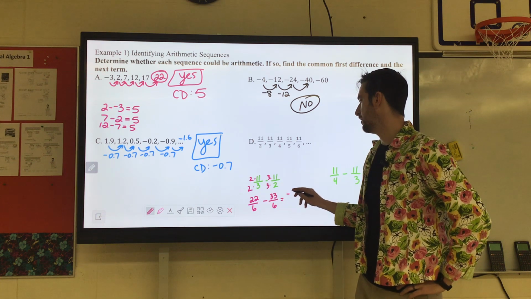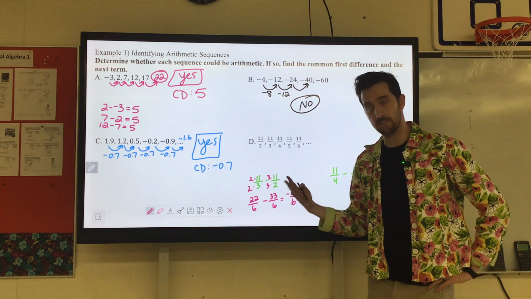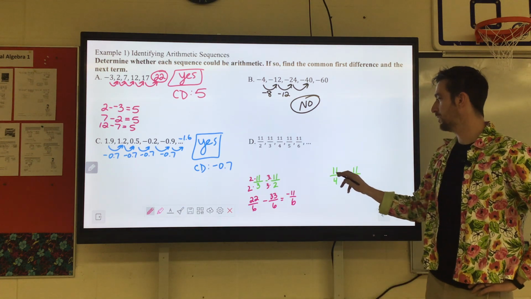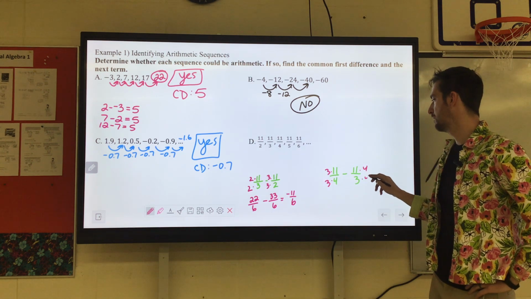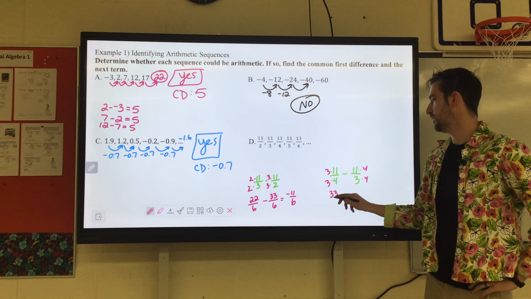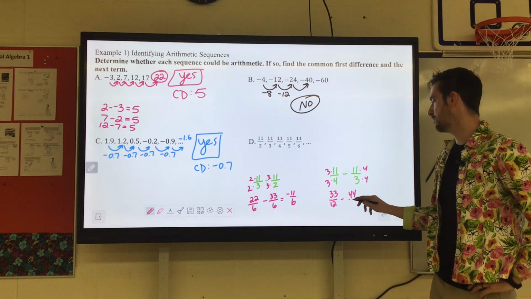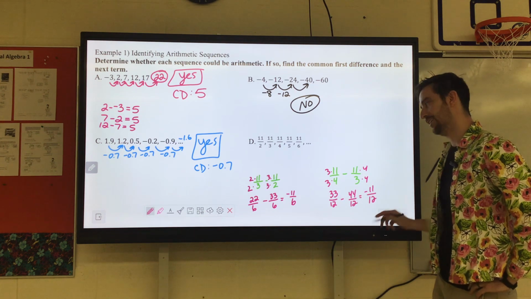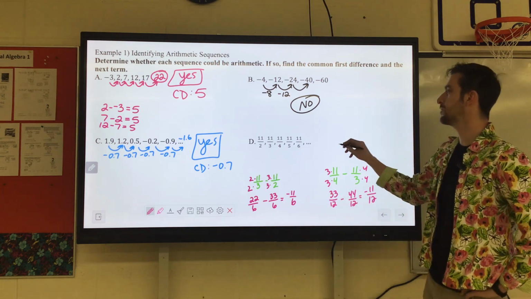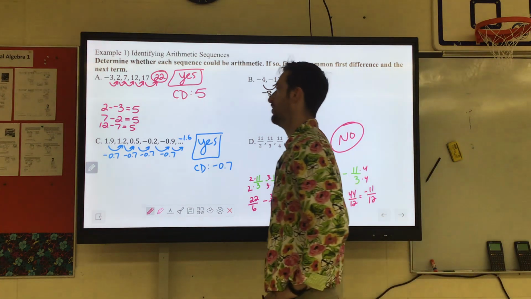So it's going down 11 sixths. That's cool. We could be adding negative 11 sixths. Here, if we get the same denominator, we get 33 twelfths minus 44 twelfths, which would give us negative 11 twelfths. That's not the same as negative 11 sixths, so it is not an arithmetic sequence.